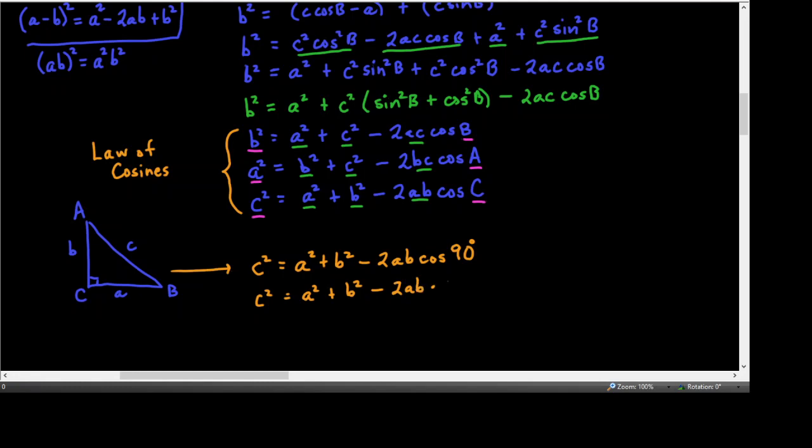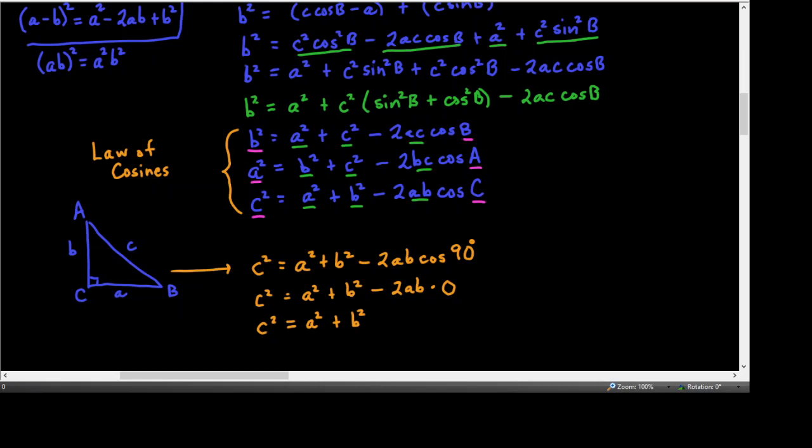You're right, it's 0. And so what that becomes is C squared is equal to A squared plus B squared, minus 0 leaves that. And have you ever seen that before? Yeah, it's the Pythagorean Theorem, which I think is really cool.